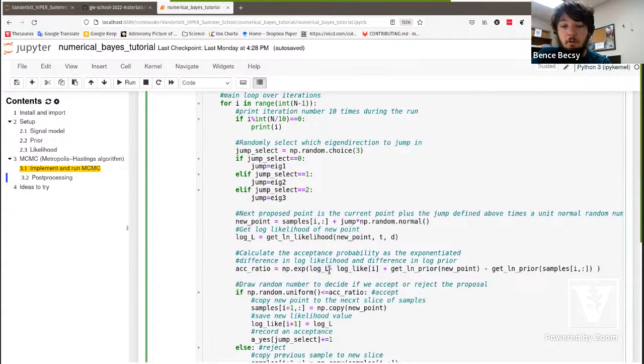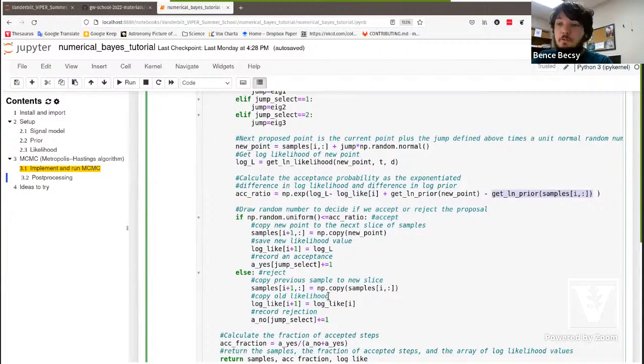So the likelihood in this new point minus the likelihood we stored from the previous point, plus the prior in this new point minus the prior in the point we've been before, and then exponentiate that, and that's our acceptance probability.